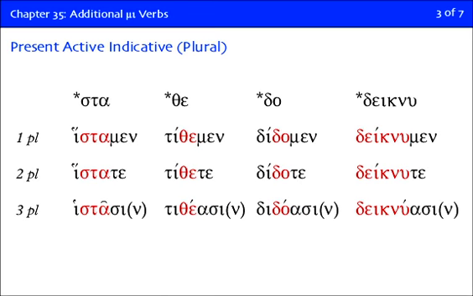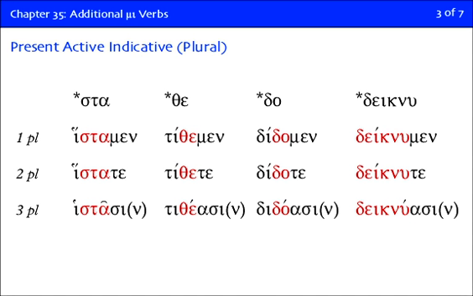Let's look at the plurals, just so you can see the same thing going on. We've learned didomen, didote, didoasi with a movable nu. Okay? Swap the do for a the, deaspirate the reduplicated theta, and you get tithemen, tithete, titheasi. Same things happening. If you go to the alpha column, histamen, histate, histasi, same thing.